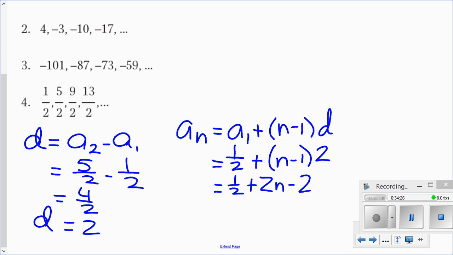And now we have to combine like terms. So what's 1/2 minus 2? 1 and 1/2. How would we write that? 1.5, right? So write it as 1.5. How would we write it as a fraction, not a mixed number? Okay, so take out your calculators.